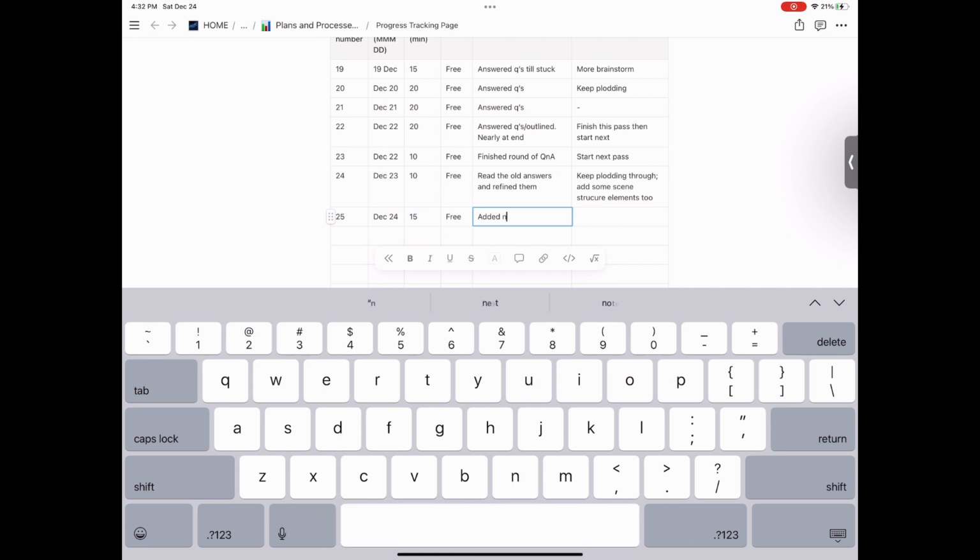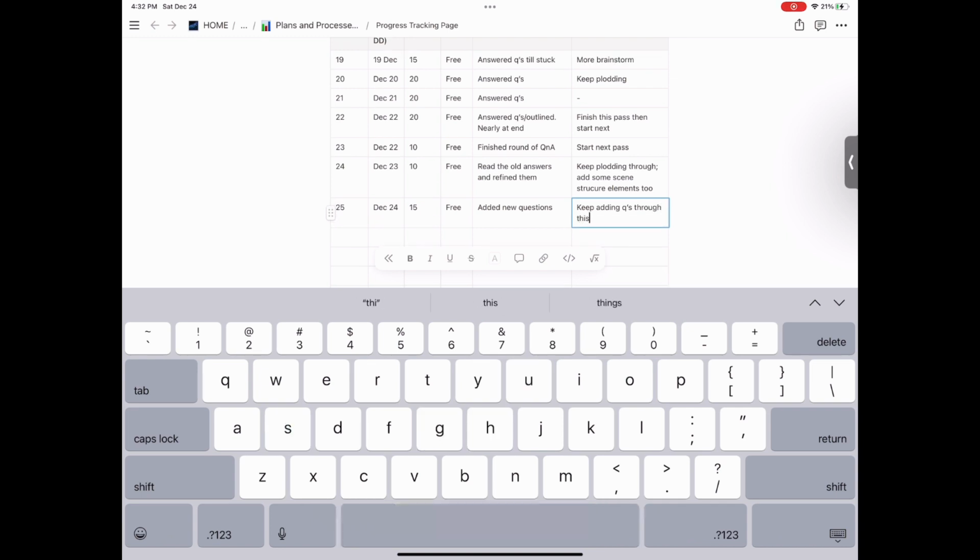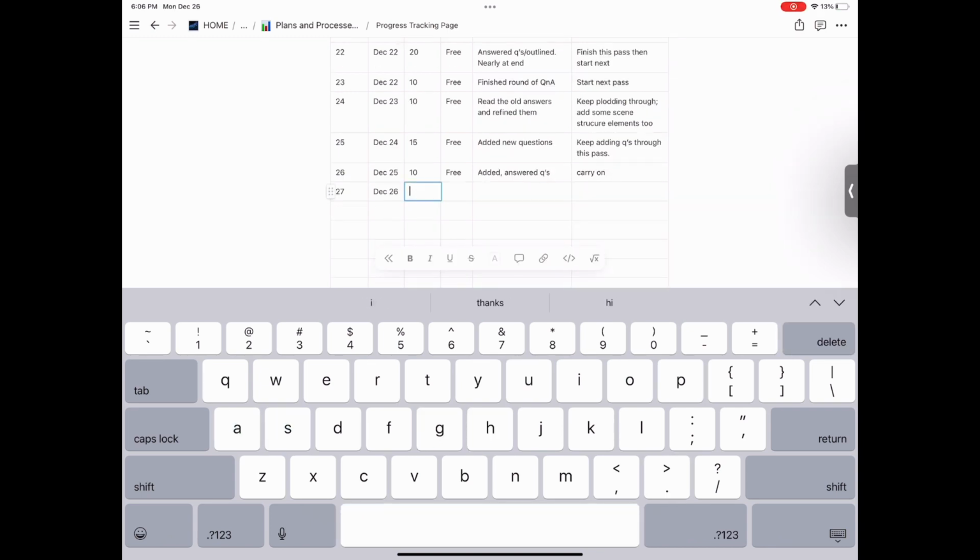And additionally, more questions occurred to me each time I looked at the plot points. I'd say, well, okay, this is what happens, but then why does that happen? And so, there's always more I could ask myself, and at some point I think I will have to stop.